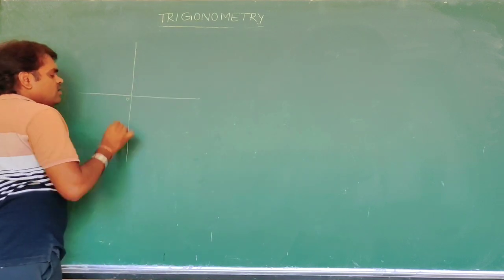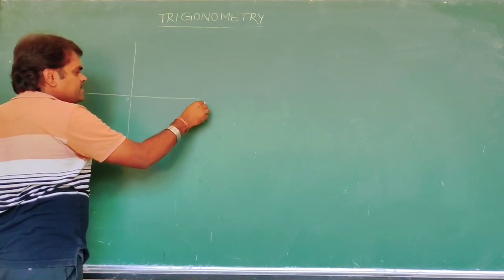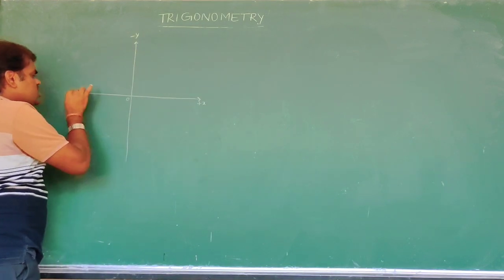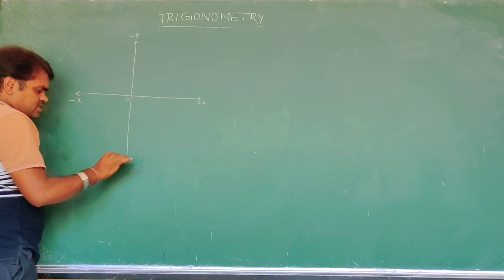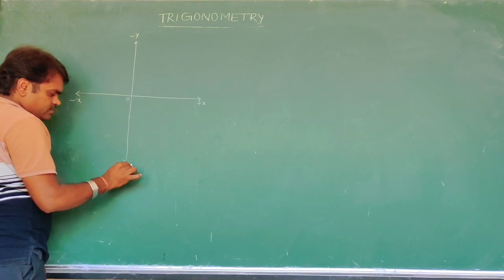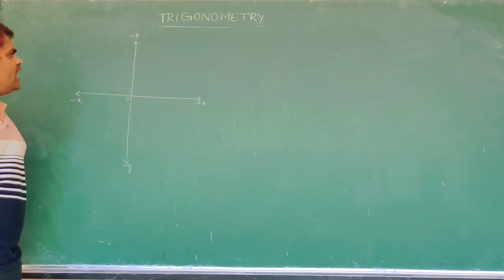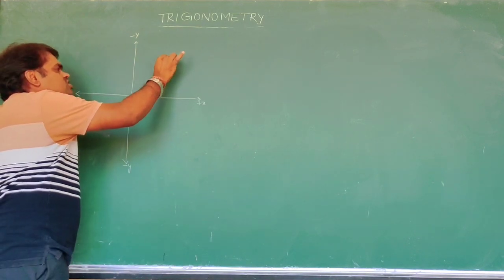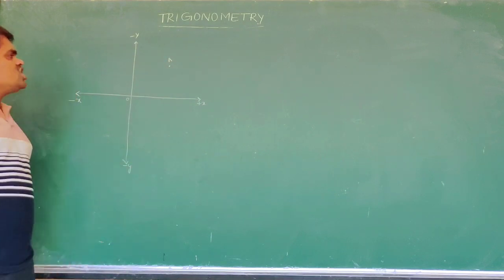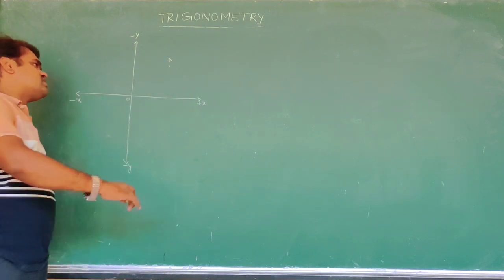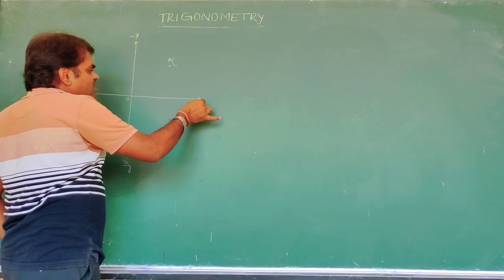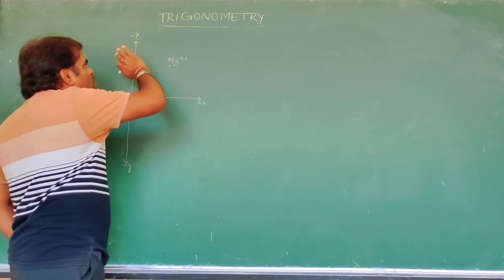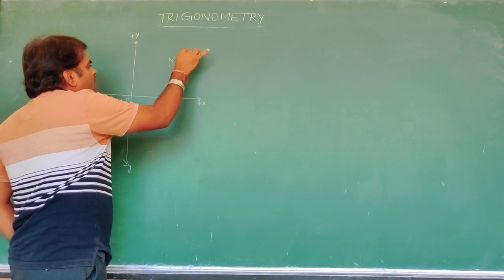This is the positive x-axis, this is the positive y-axis, this is the negative x-axis, this is the negative y-axis. Now let us consider the position of a point. The position of the point we can express here: the x coordinate is on the positive x-axis and the y coordinate is on the positive y-axis.